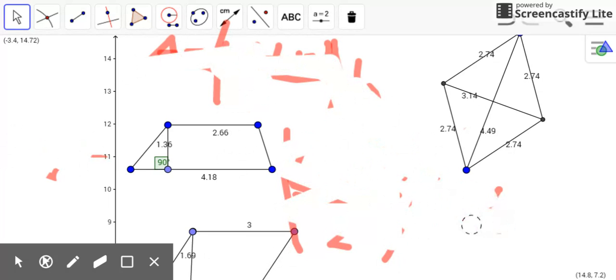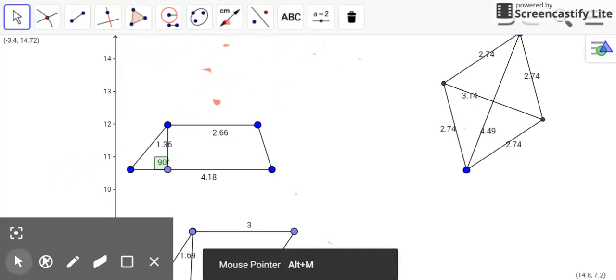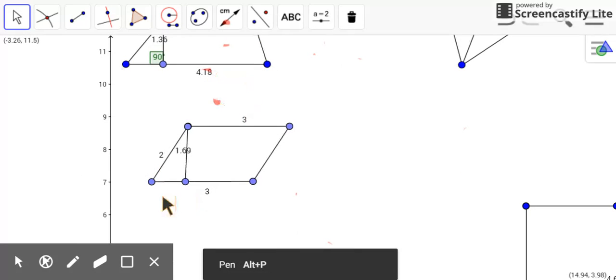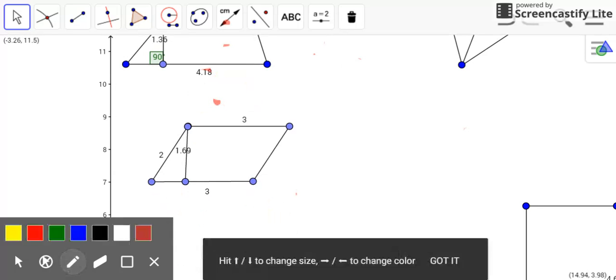Then we're going to do the parallelogram. The area of a parallelogram is just A equals base times height, like the other shapes. This is the base, and 1.69 is the height.